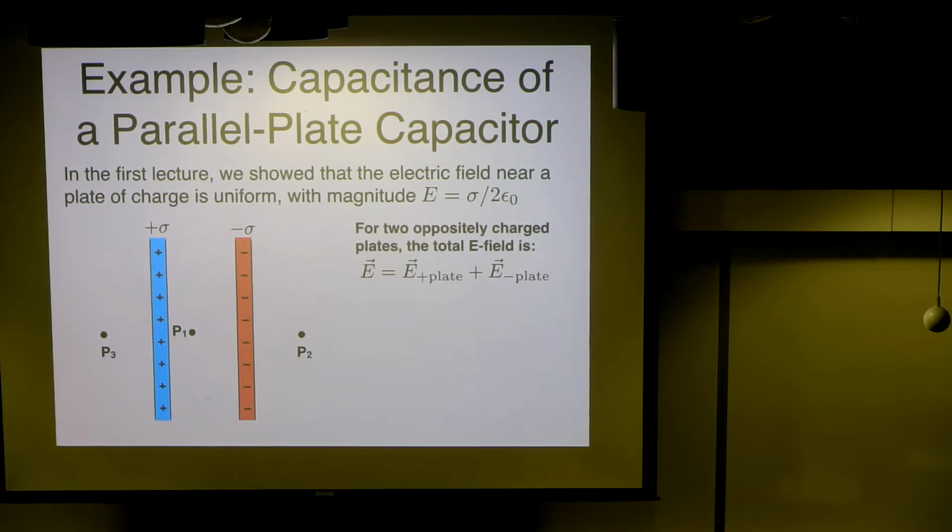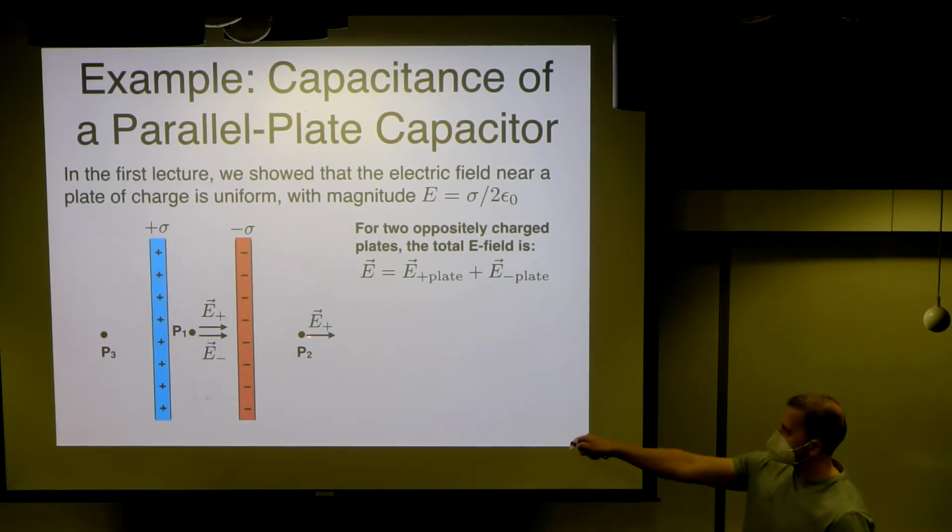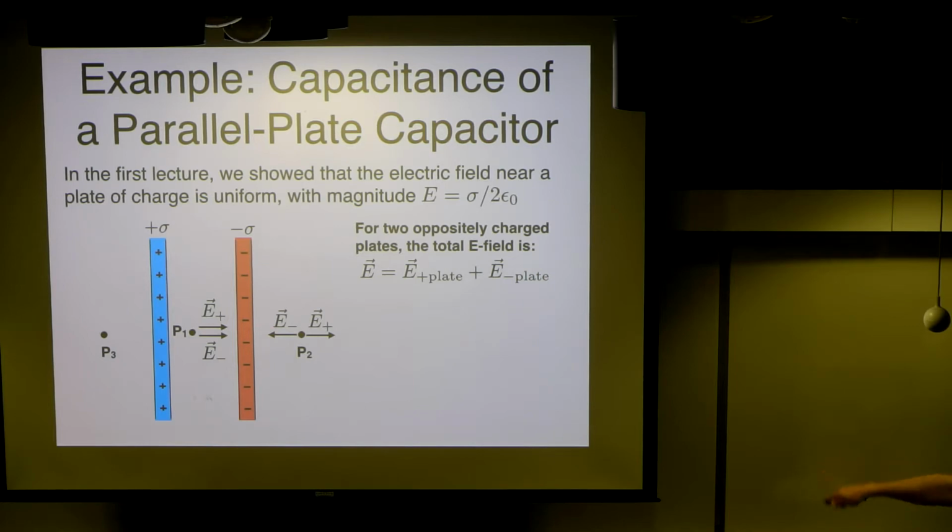So when we add the two E fields from the two plates, in the middle of the two plates at point 1, E positive and E negative both go in the same direction. That makes sense? Okay, what if we're at point 2? Well, E positive would be going to the right, away from the positive plate, but E negative would be going to the left, towards the negative plate. You can see that we would get some sort of cancellation here.